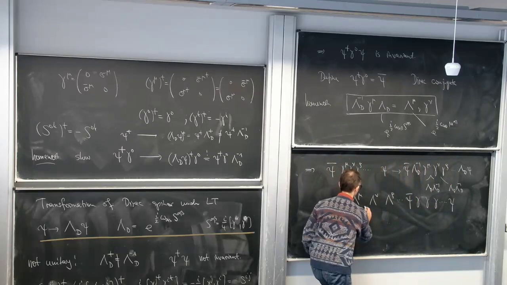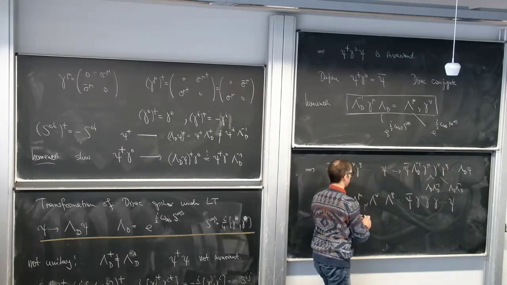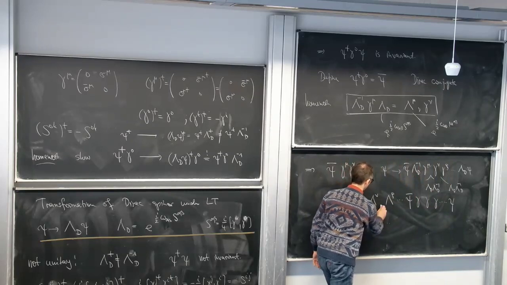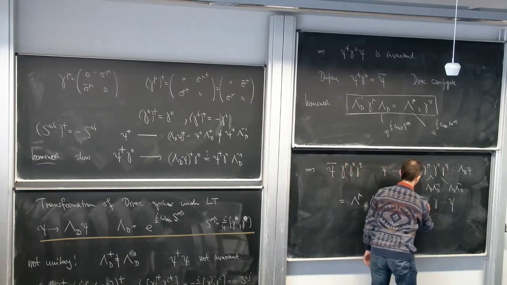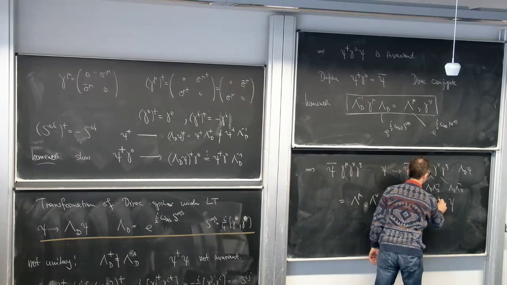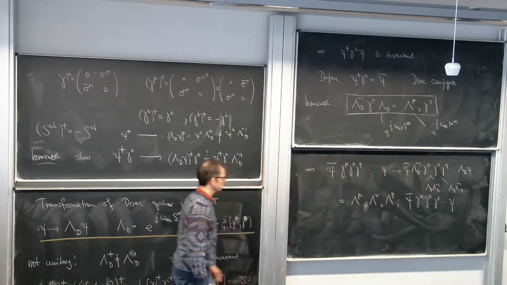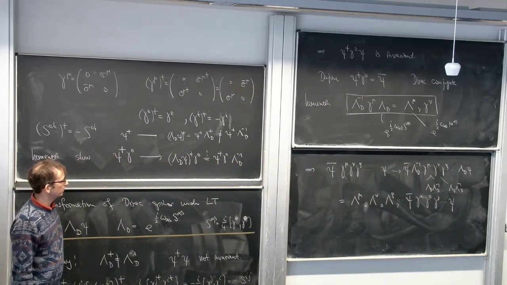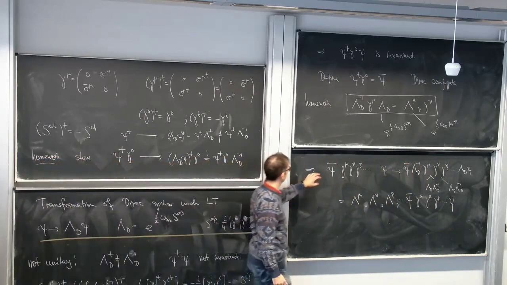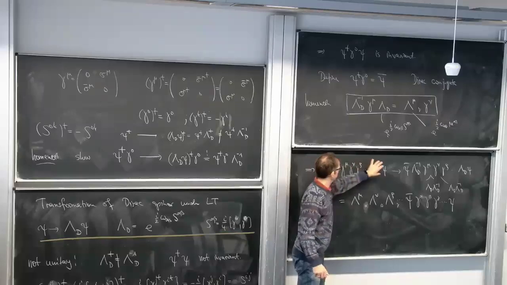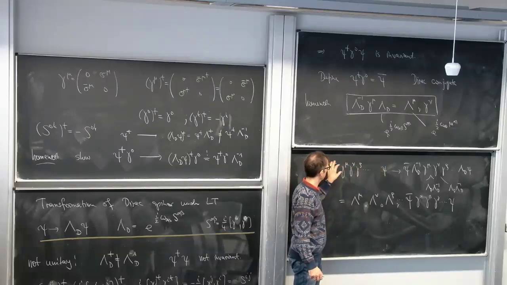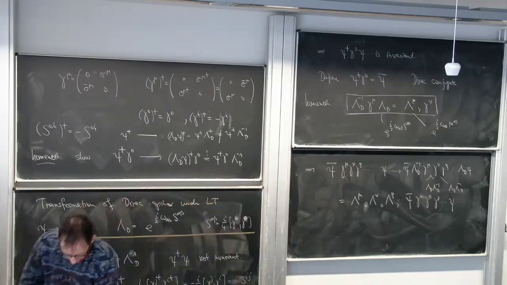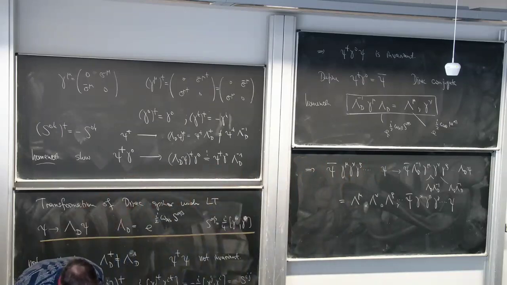So we could call this alpha beta, alpha beta gamma, and so on. So beautiful. These are the vectors that you can create out of the Dirac spinor and a bunch of these gamma matrices. It's very similar to what we did for the Weyl spinors.